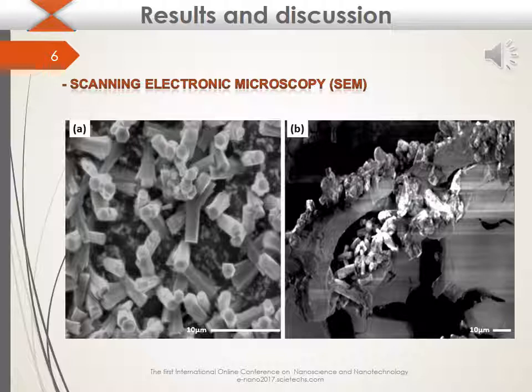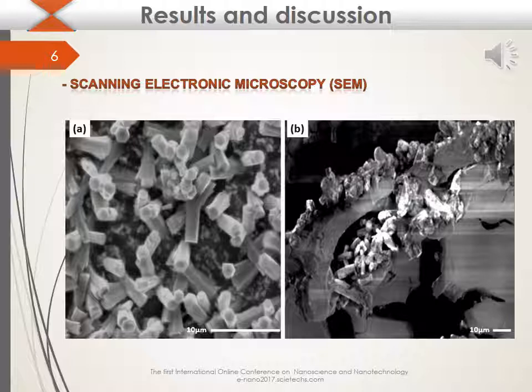For the results obtained for our samples, this figure shows the SEM images of zinc oxide nanorods, as clearly shown in figure A. The ZnO nanorods have a hexagonal shape, and the average diameter and length are respectively about 500 nanometers and several micrometers, with a high density.